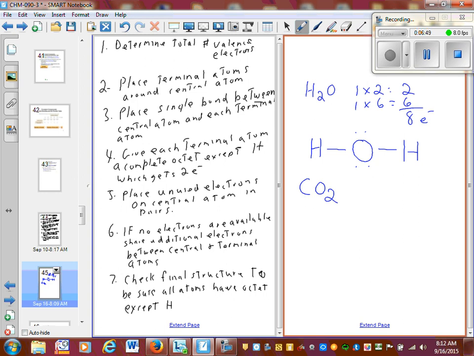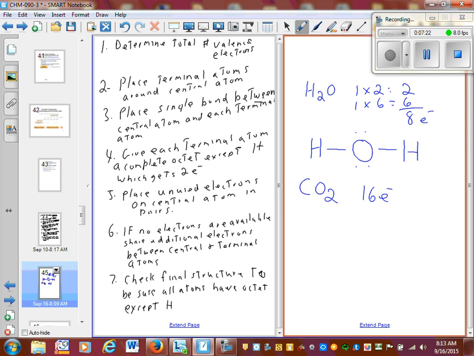Oxygen has how many? 6. It's in column 6. 6 times 2 is 12. Carbon has 4. 12 and 4, 16. I was doing 6 and 4. I was doing multiplication. Well, you got 2 oxygens, so it's 6 plus 6 plus 4. You got to take each individual atom. So I have 16 electrons to work with.